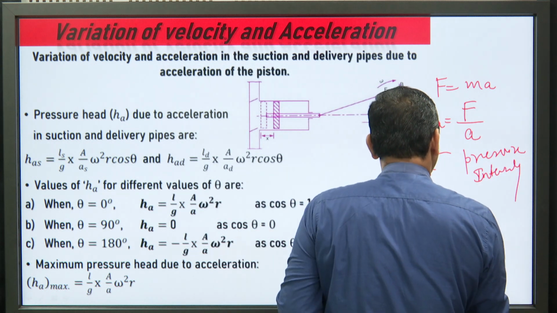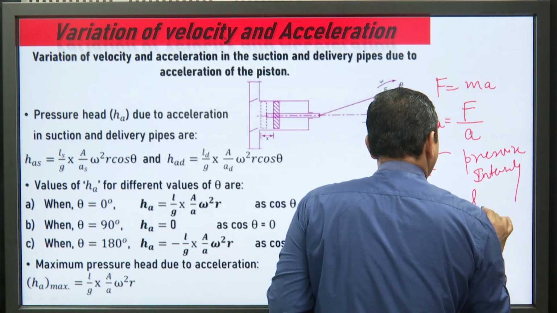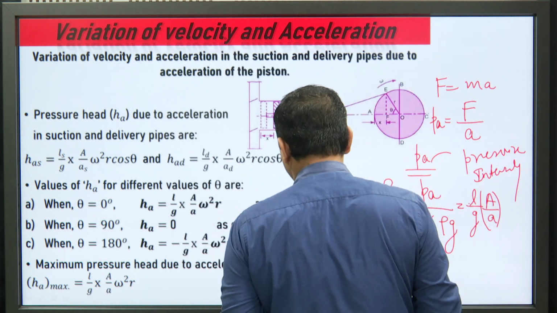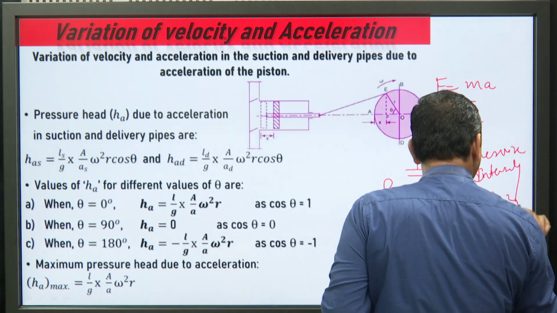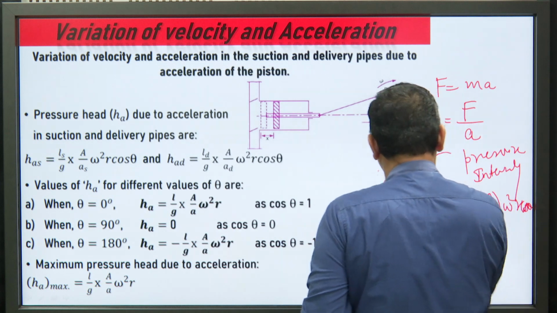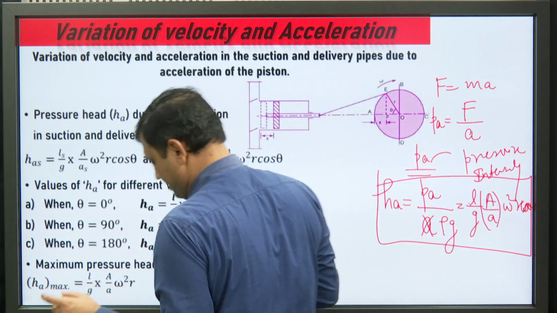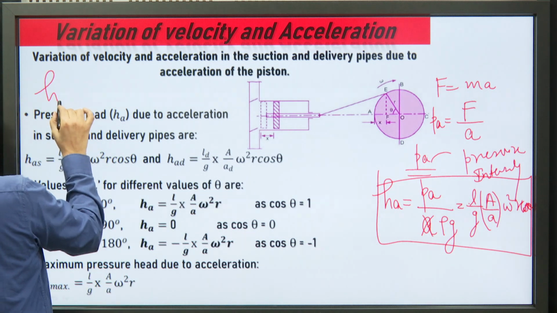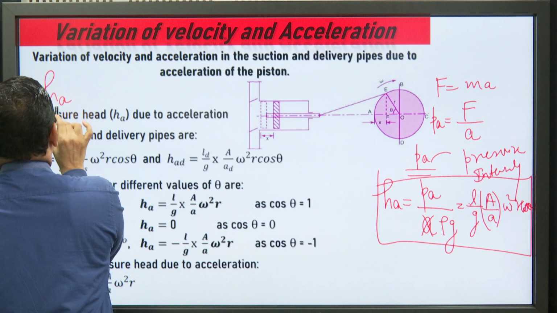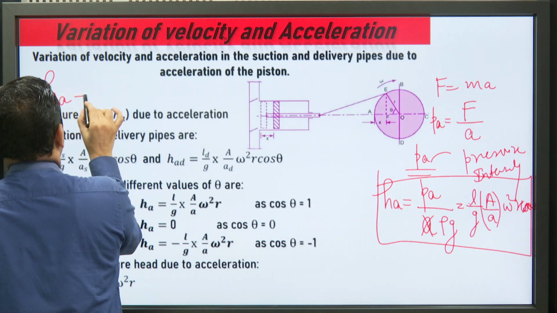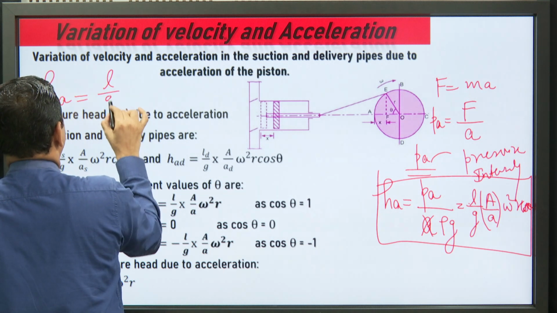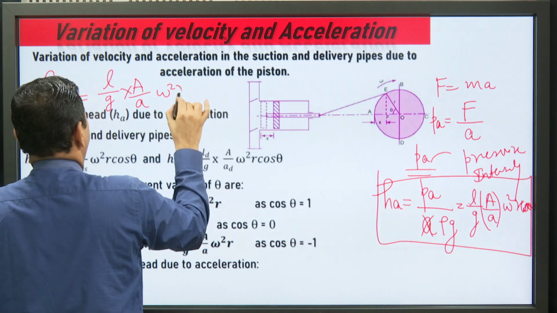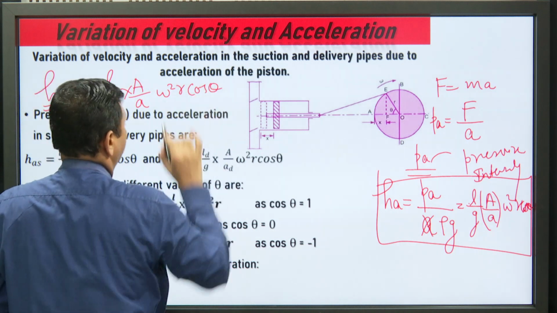So we can calculate L upon g, A upon a, omega square r cos theta. Thus the pressure head due to acceleration equals L upon g into A upon a into omega square r cos theta.